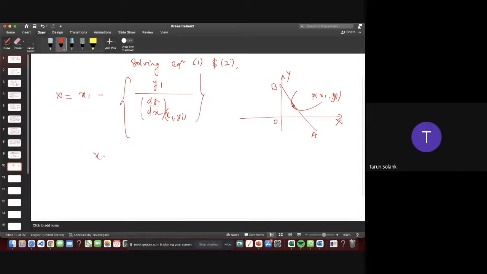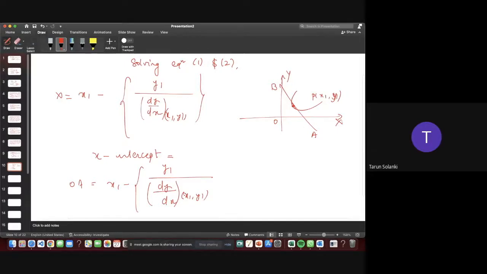So here, for the x intercept, we can write OA is equal to x1 minus y1 dy by dx at x1 and y1.